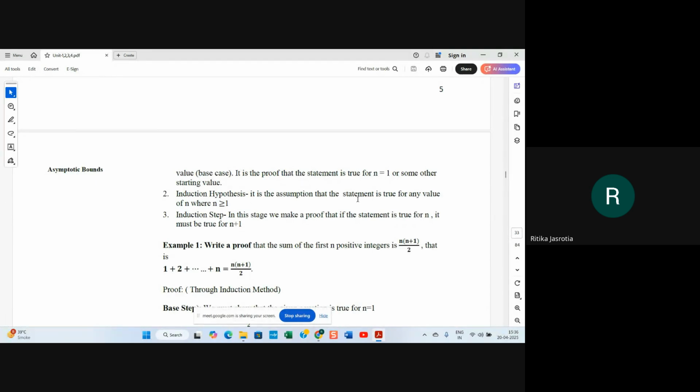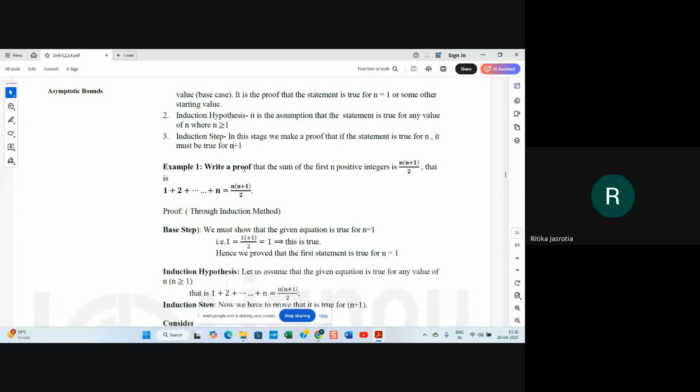It is the assumption that the statement is true for any value n where n is greater than or equal to 1. Now the induction step: in this stage we prove that if the statement is true for n, it must be true for n plus 1 also. This is the next step.